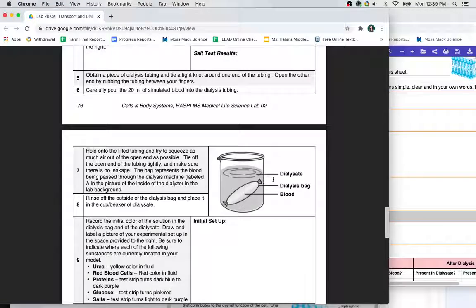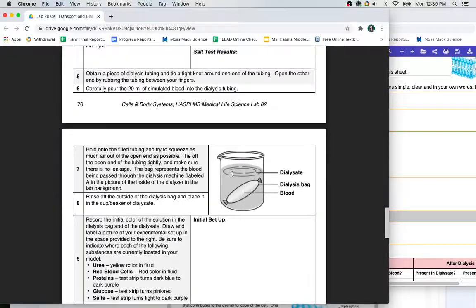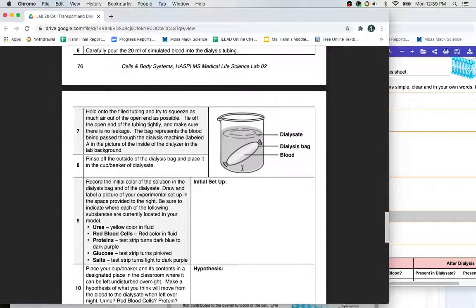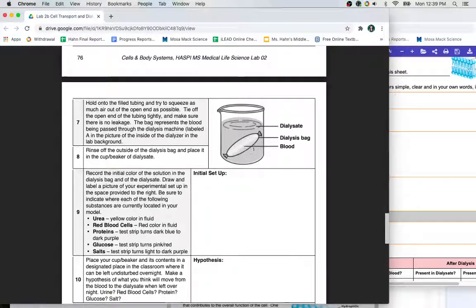So you would draw a picture of this cup with the blood in here, and then you would label where everything is. So we know there's red blood cells inside. We know there's urea inside. That's the waste that's going to come out in our urine. We know there's protein inside, there's glucose inside, and there's salt inside.